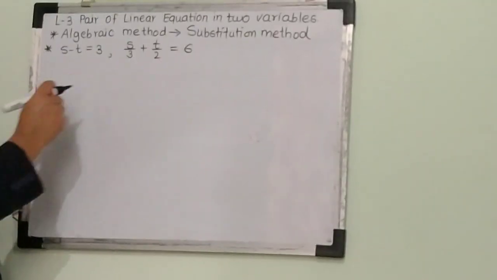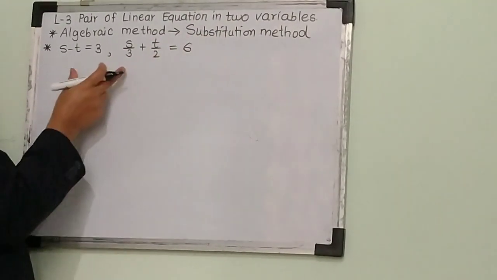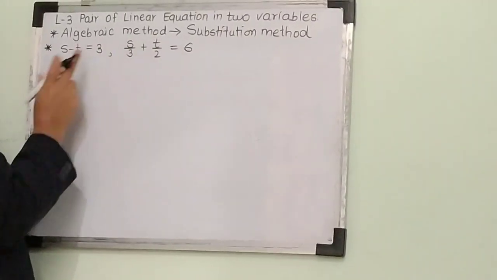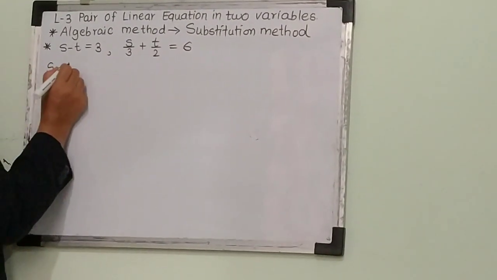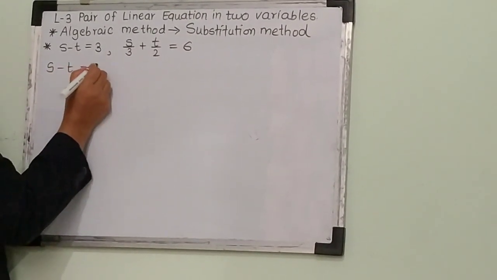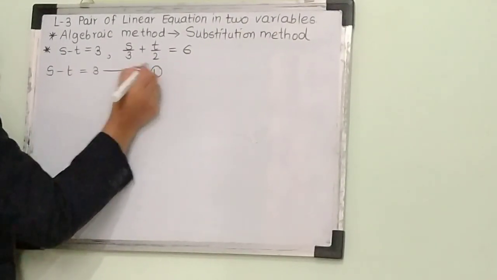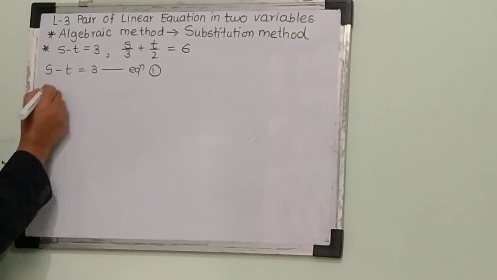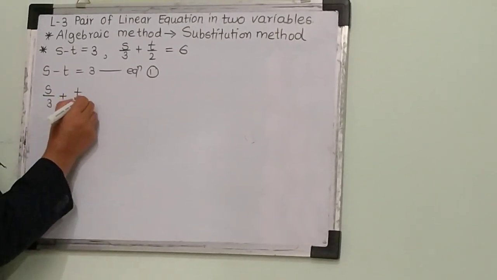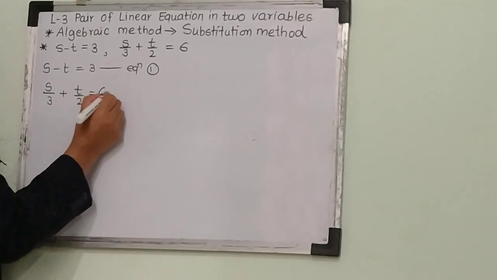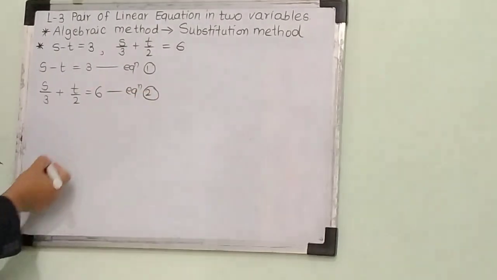So these two equations are given and we have to use the substitution method to solve this pair of linear equations. So first we see that s minus t equals 3. We can consider this as equation number 1. Now secondly we have s upon 3 plus t upon 2 equals 6. That is equation number 2.